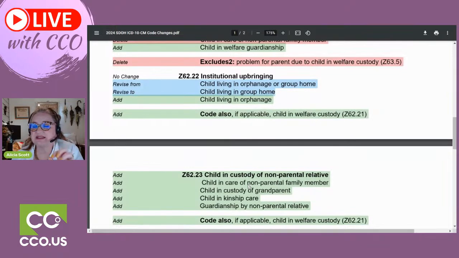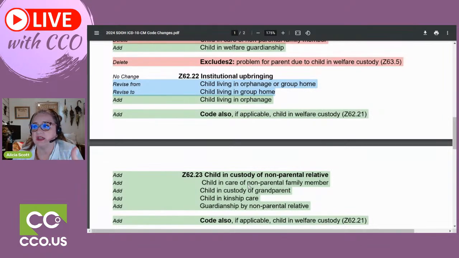But again, it doesn't mean that it is always applicable. And for any of you who are students or new to the code set, it can get very confusing because you'll see that and say, "Oh, wait a minute, I have to code that." No, it clearly states if applicable. It's telling you that you need to add this if it's applicable or it pertains to your patient.